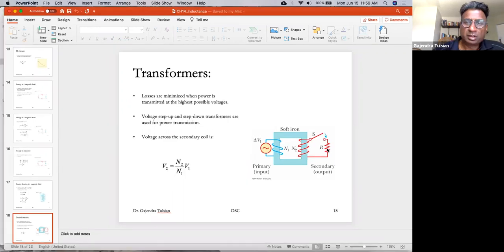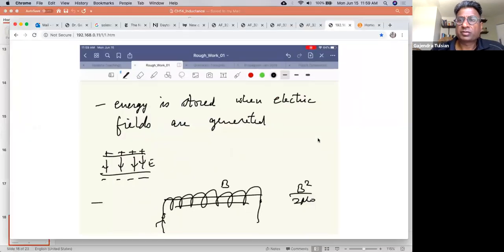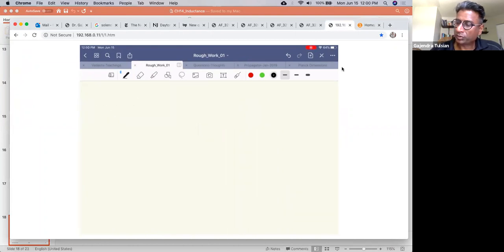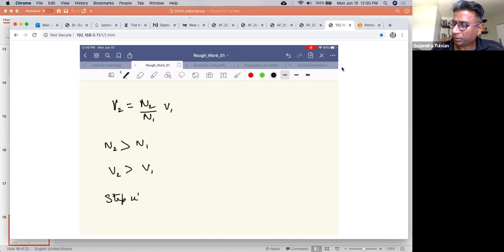So a transformer can be a step up or a step down transformer. V2 equals N2 over N1 times V1. If N2 is greater than N1, V2 is greater than V1. This is a step up transformer.